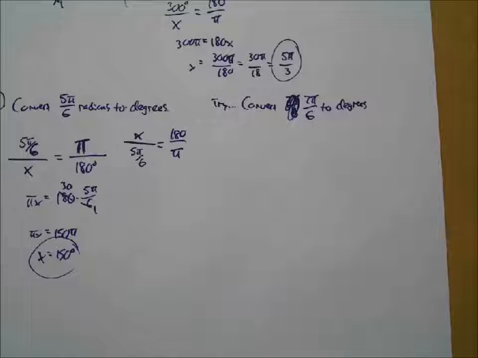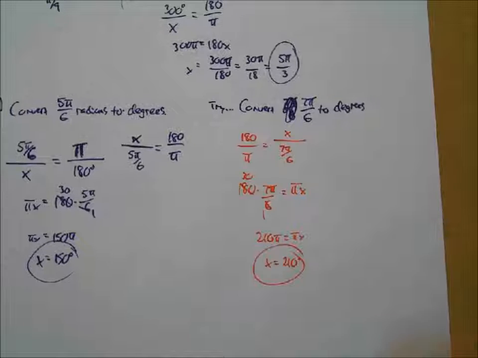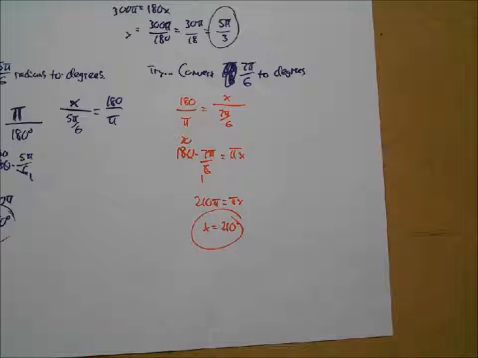So you can simplify the 180 to 6, for example, and make it just 30. So that 180 becomes 30, and the 6 becomes 1. And then you can... Okay. 210 is what we should have gotten there. 210. Okay.